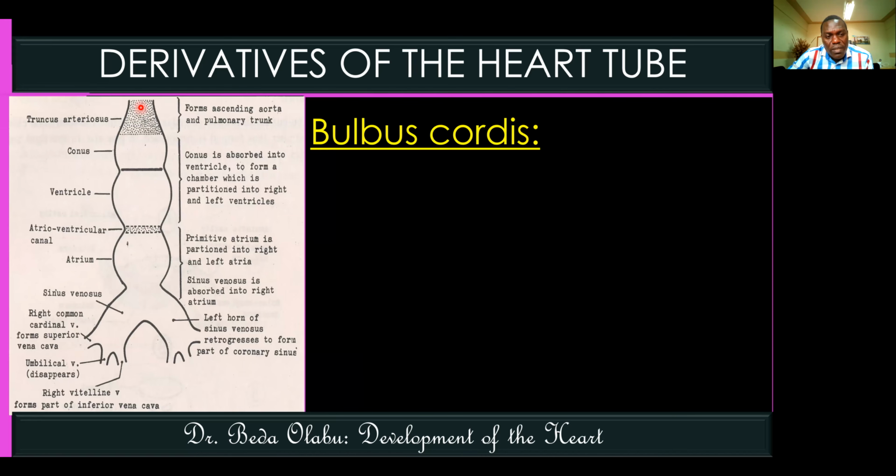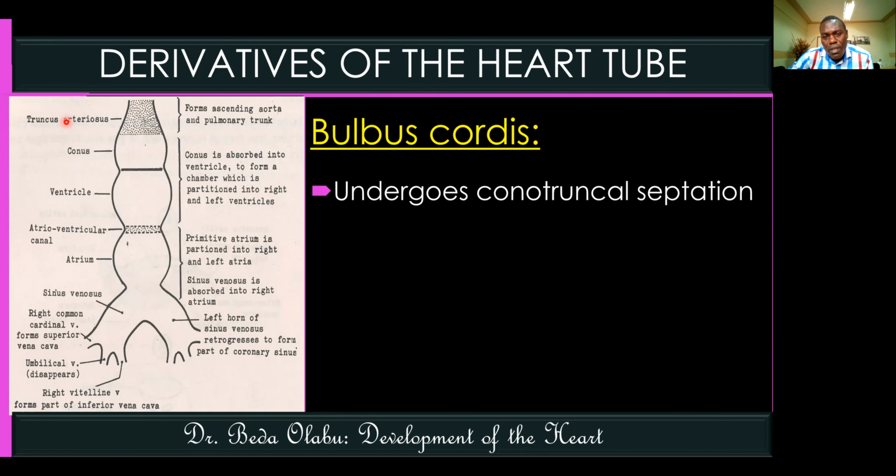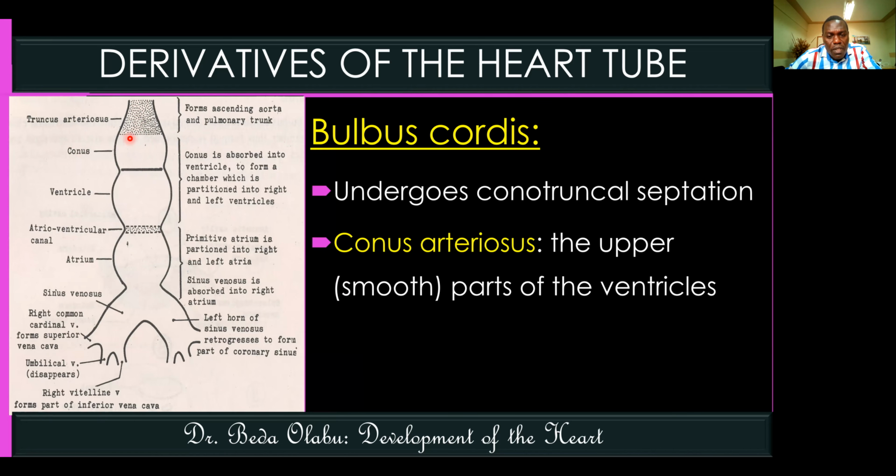The bulbus cordis, we agreed, has two parts. Conus arteriosus proximally and truncus arteriosus distally. The bulbus cordis undergoes septation as well. Because we are splitting the conus together with the truncus, we can just call that conotruncal septation. The conus arteriosus component of the bulbus cordis will give you the smooth parts of the right and left ventricles.